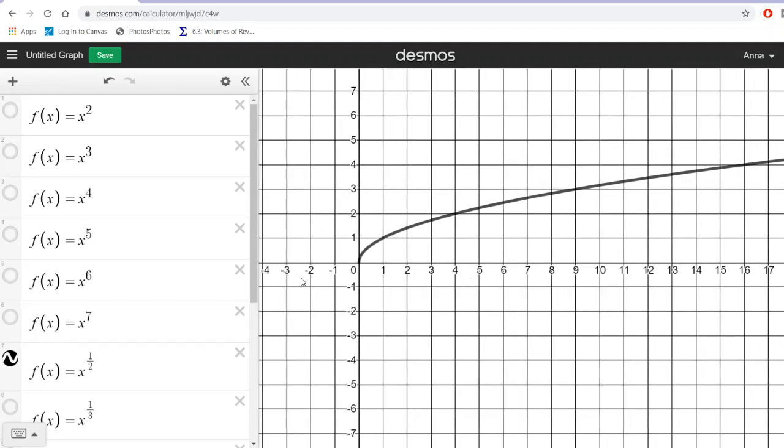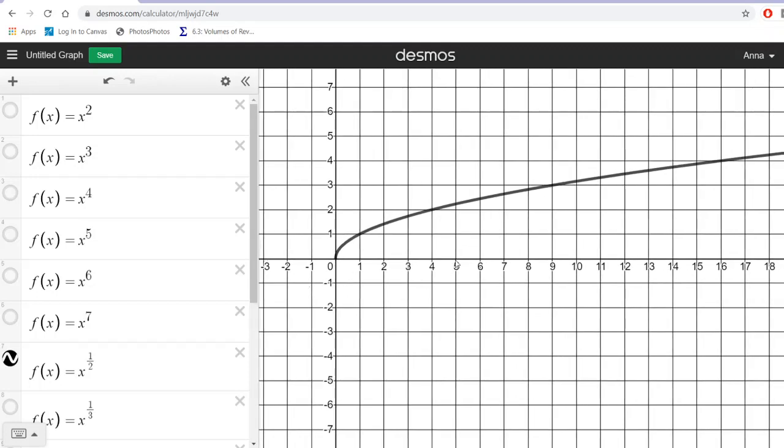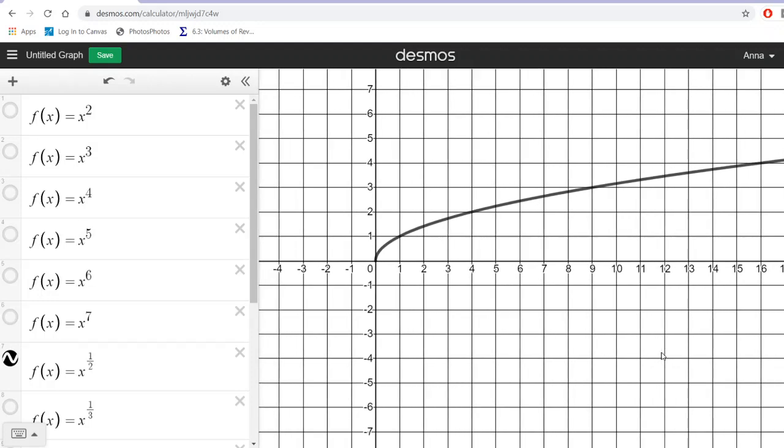So there's 2 different things going on here. One is that you can only plug in positive numbers or 0. And so that's why the graph doesn't exist on this negative half of the x values. And then the other thing is that when you take the square root of a number, your answer is also positive. And so that's why the outputs are positive. That's why we don't have any negative outputs. So there's 2 different things going on.